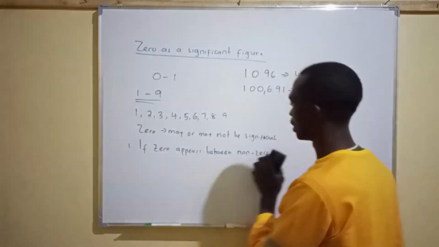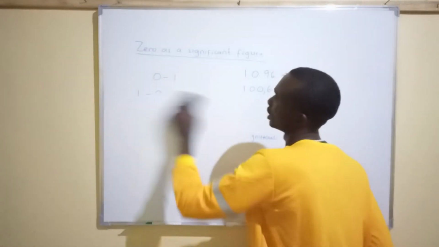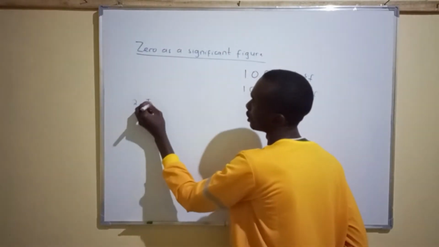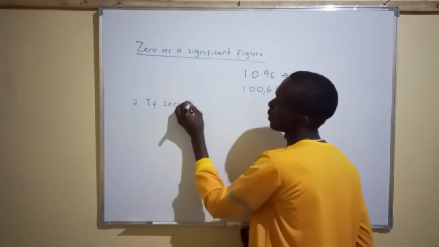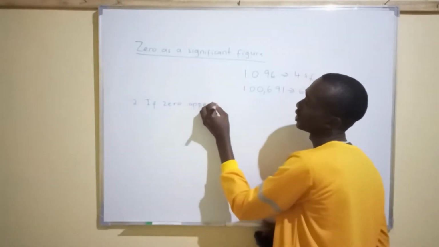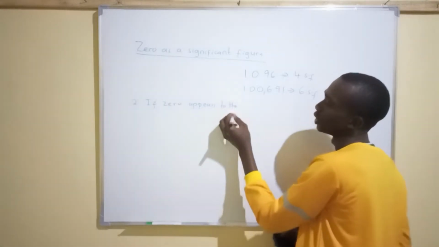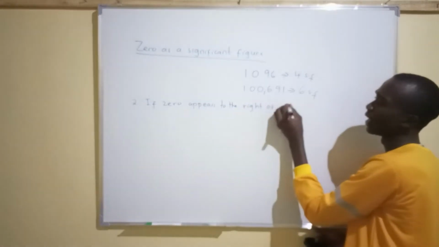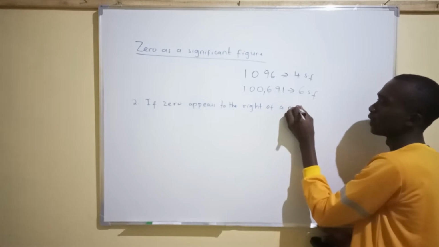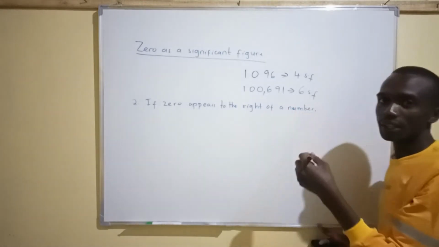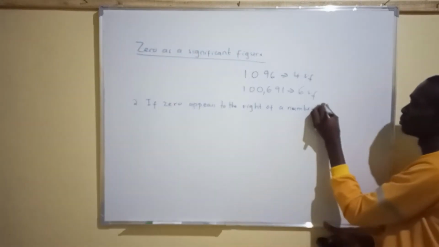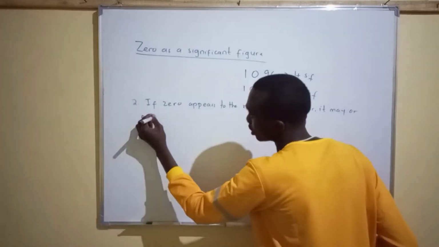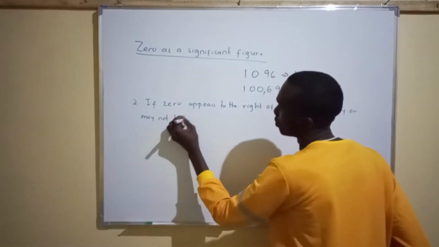The second case is when zeros appear to the right of any given number. If 0 appears to the right of a number, it may or may not be significant.